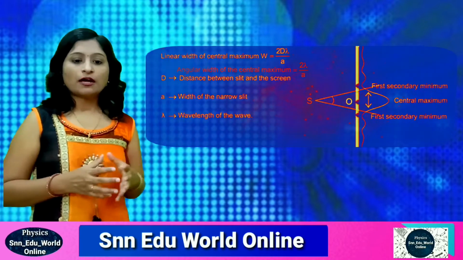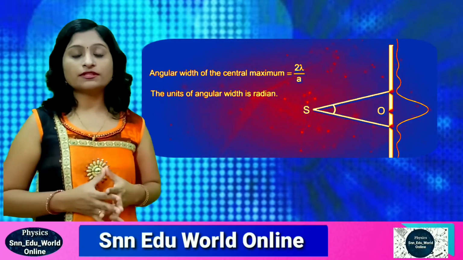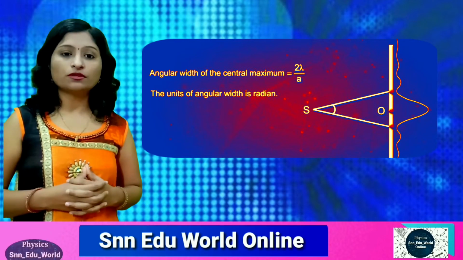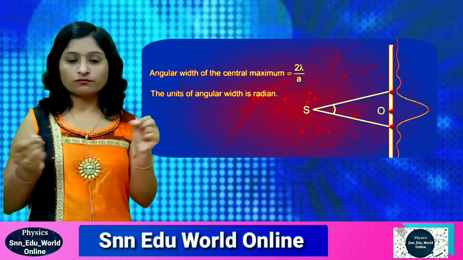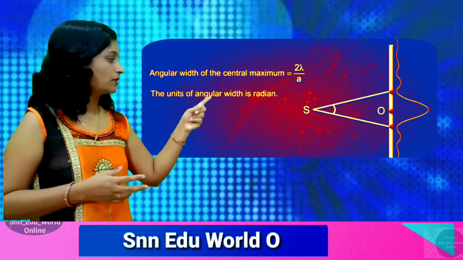Now the angular width of the central maxima can also be found. If we join the two first minima points, then we get the angle as shown here in the diagram.